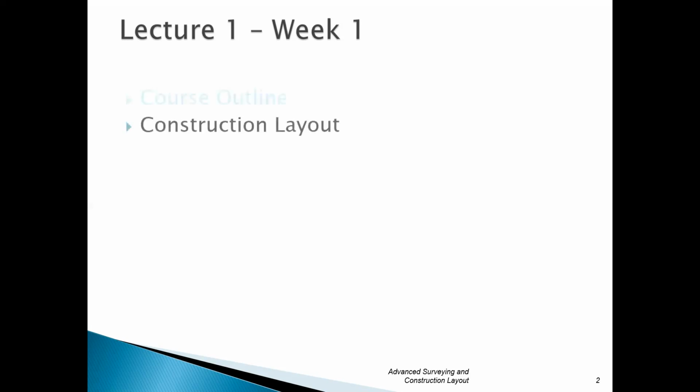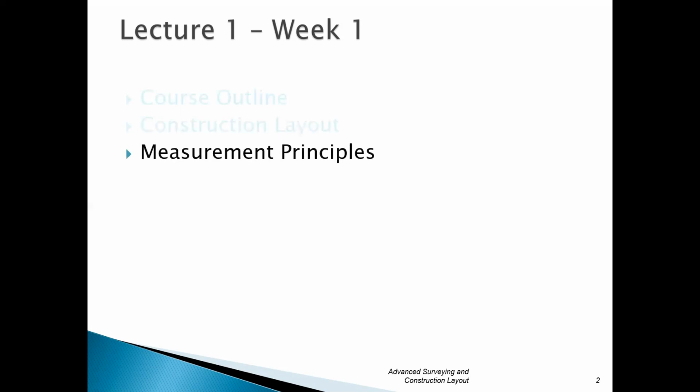Then we're going to talk about what construction layout entails and get into some measurement principles. This will be a bit of review of the information that you had in 105. The first week, couple weeks actually, we're going to be dealing with a little bit of that review, but next week we'll start to get into stuff that should be different for everybody.